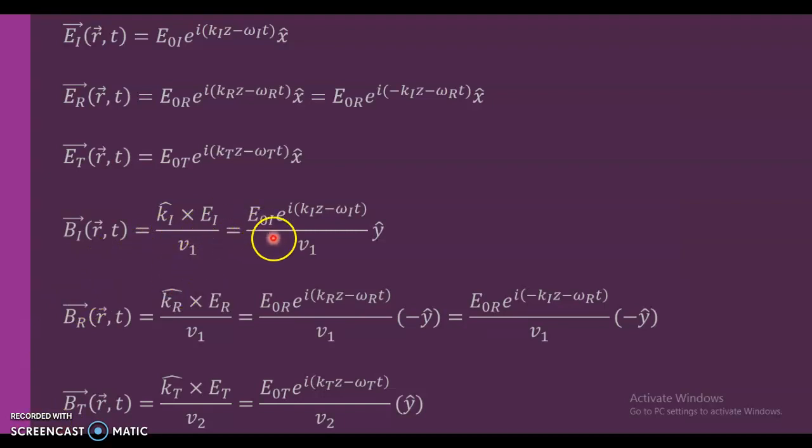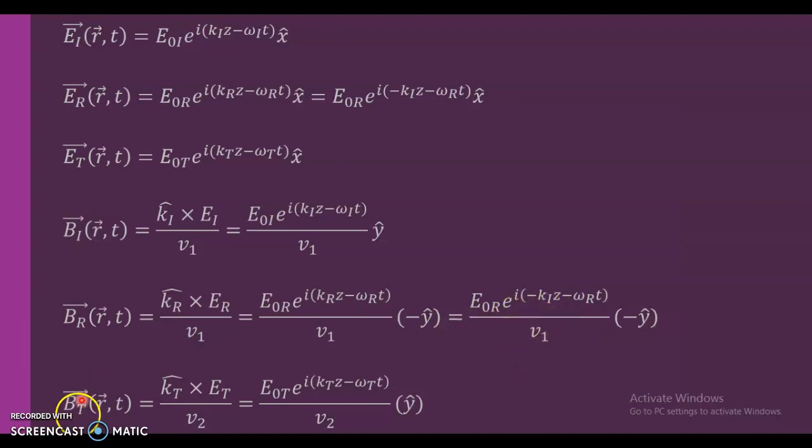Therefore, on substituting this, we get E0i e^(i(ki z - omega i t)) divided by v1 in the positive y direction. The corresponding magnetic field of the reflected wave is Br equal to kr cross Er divided by v1, which is E0r e^(i(kr z - omega r t)) divided by v1, along the negative y direction. And on replacing Kr by minus Ki, you obtain the above expression like this.